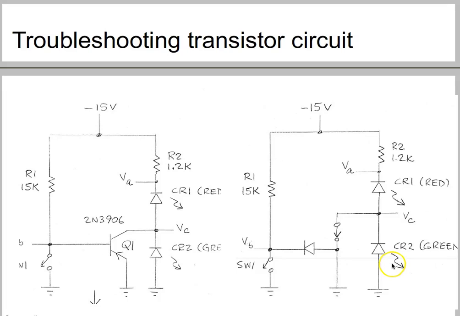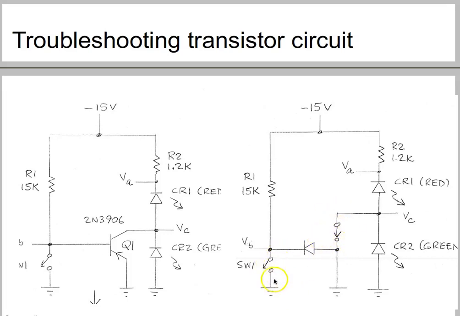In that case, you will have some voltage VA, which should be some negative voltage, somewhere around negative 1.6 volts, your VB is going to be negative 0.7 volts, and VC in this case is going to be 0 volts, as you can see over here.